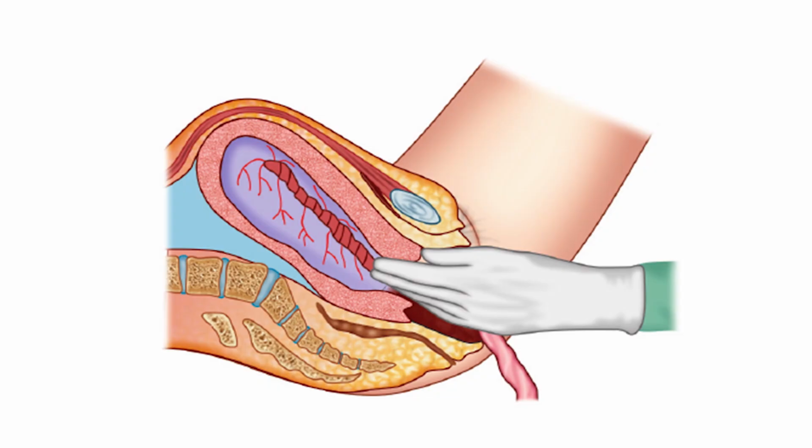Now, this diagram just illustrates the procedure of manual removal of placenta. The operator uses the fingers to trace the cord, using the cord as a guide through the vagina to the cervix up to the lower margin of the placenta.